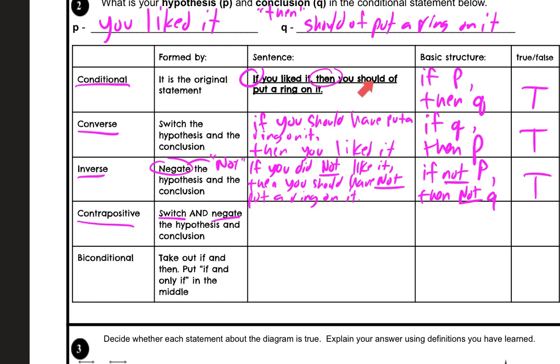So if you should not have put a ring on it, then, we said we're going to swap it and negate it, you should not have liked it.